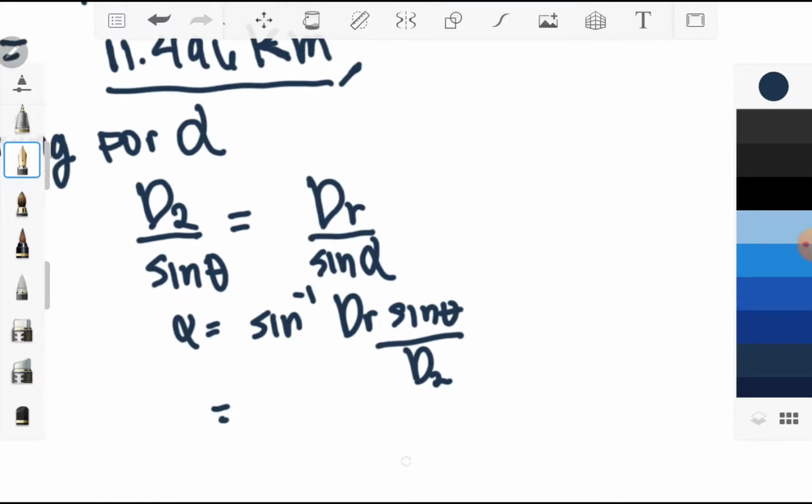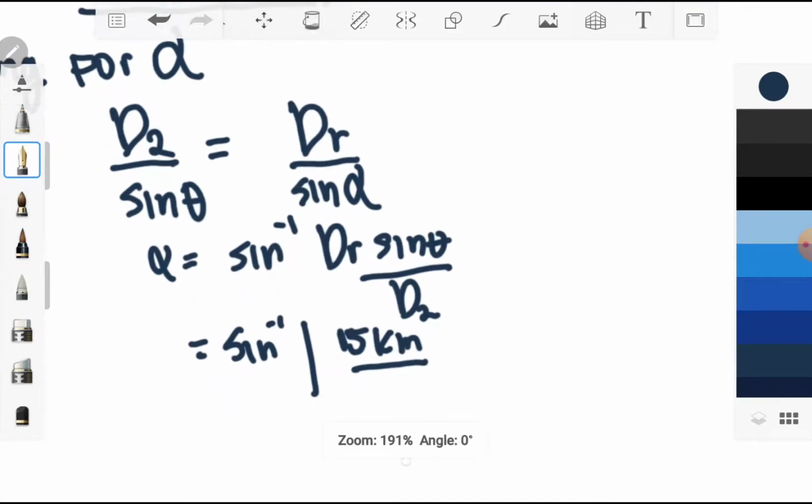which is basically equal to sine inverse or arc sine of your dr, which is equal to 15 kilometers, divided by d2, which is 11.4962 kilometers.